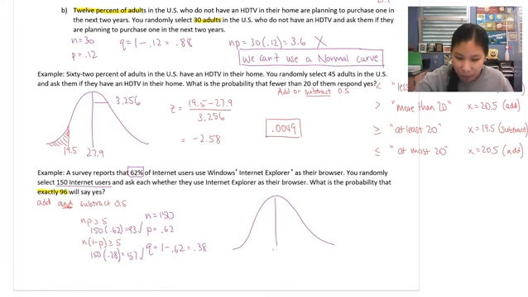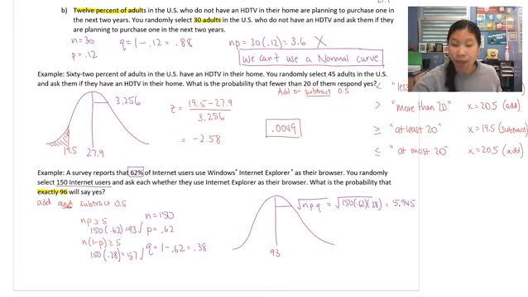The mean is going to be 93 because that's n times p. Our standard deviation is the square root of n times p times q, which is 150 times 0.62 times 0.38, which is going to be 5.945. And again, notice that I'm using at least 3 decimal places.